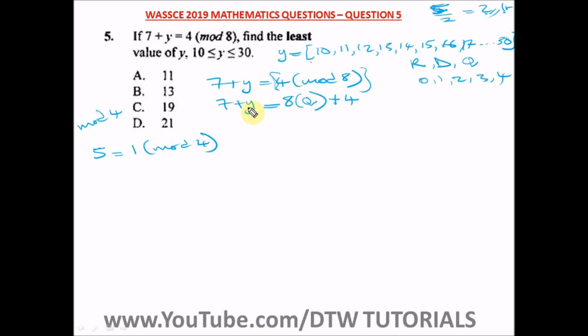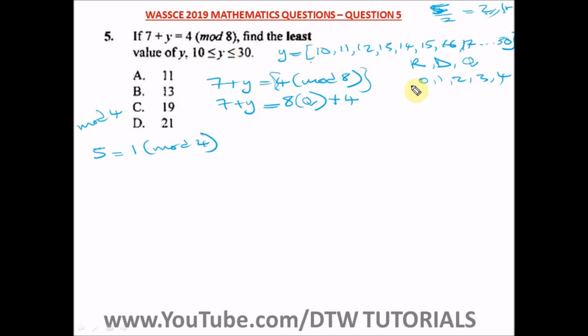And when we solve for y, the value of y must be in between this particular range, and what the question says is find the least value of y. So the first value of y that is in between this particular range is what will be our answer, since the question says find the least value of y.